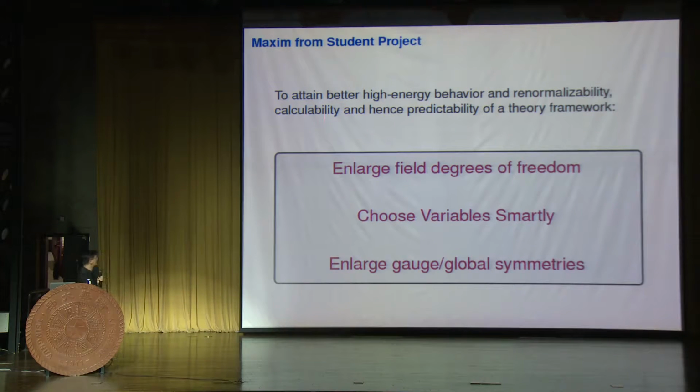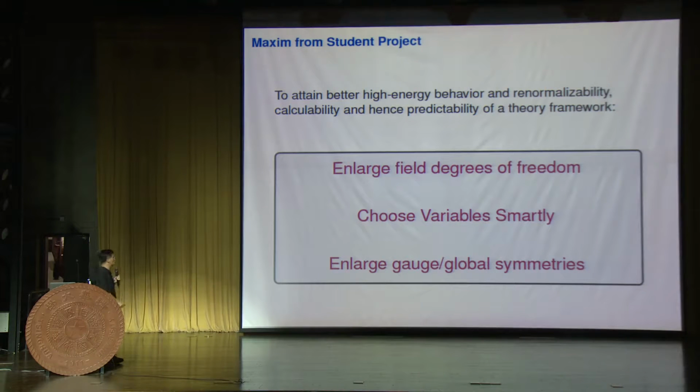To attain better high energy behavior, renormalizability and calculability, therefore predictability, of a given theory, the thing that we can learn from this exercise is, first, you choose a variable smartly. If you did badly, you're not bad, but eventually it'll take a long time to figure out Slavnov-Taylor identities.